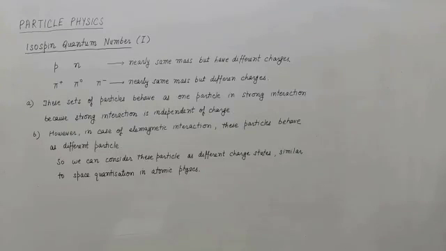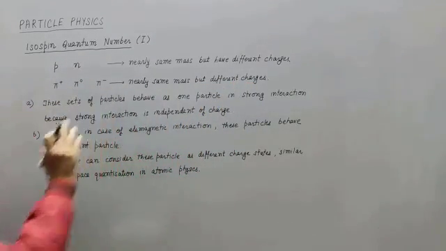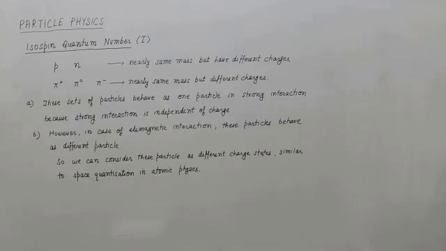In case of strong interaction, they will behave as the same particle, so we have a single state. But in the presence of electromagnetic interaction, they will split into three different states. Similarly, protons and neutrons represent a single state in strong interaction, but in the presence of electromagnetic interaction, they will split into two states.